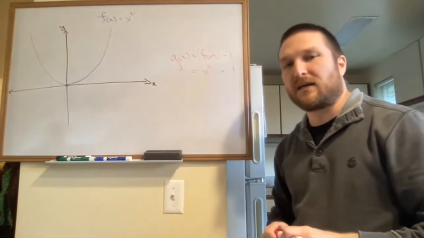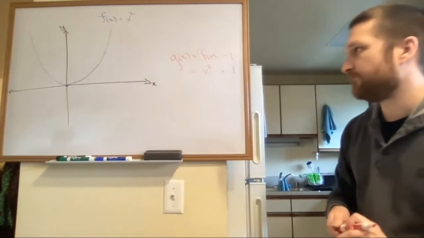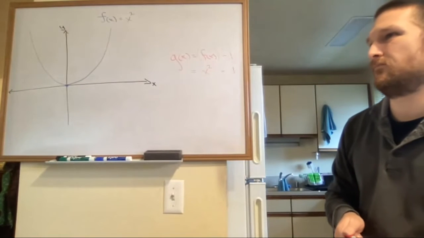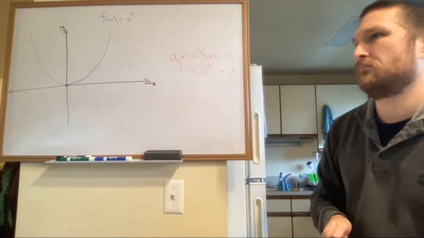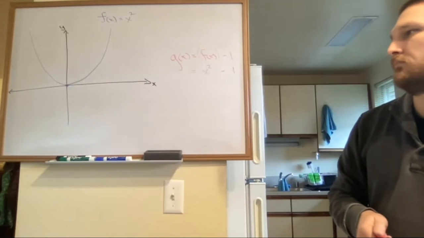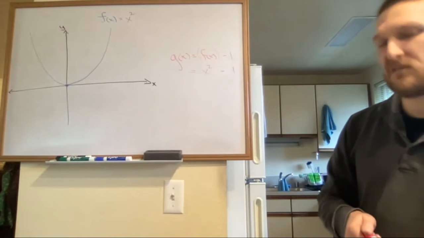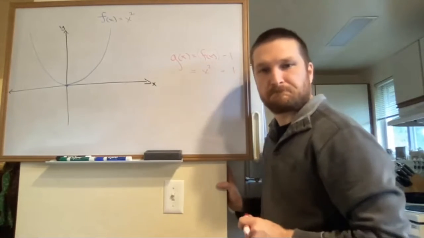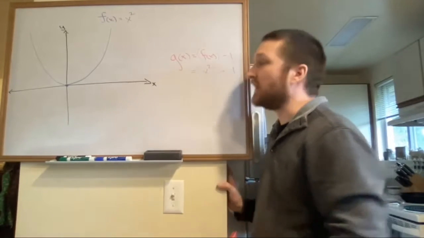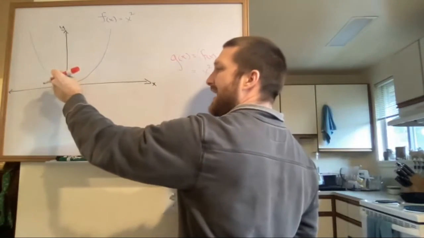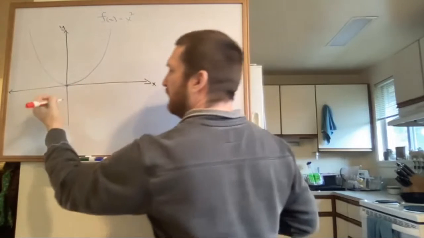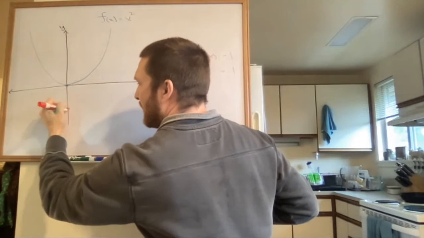Plug in a 0. What do we get as an output? 0 minus 1. So what's 0 minus 1? Minus 1. So when my input value is 0, my output value is minus 1.